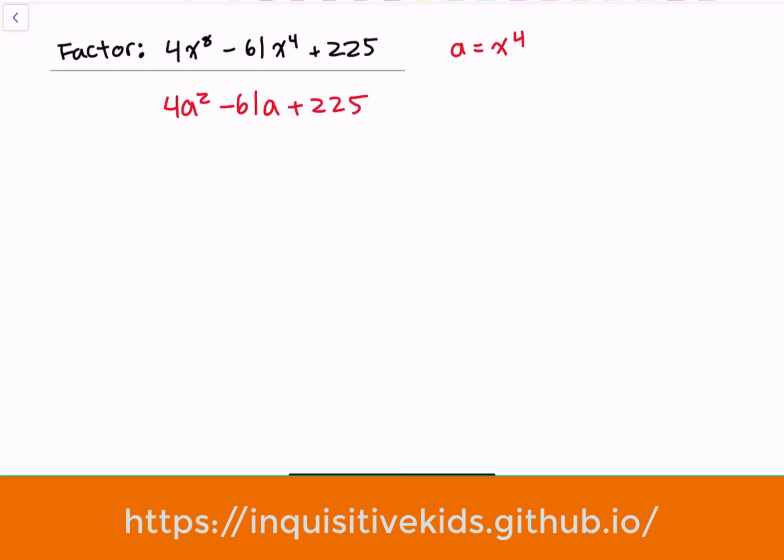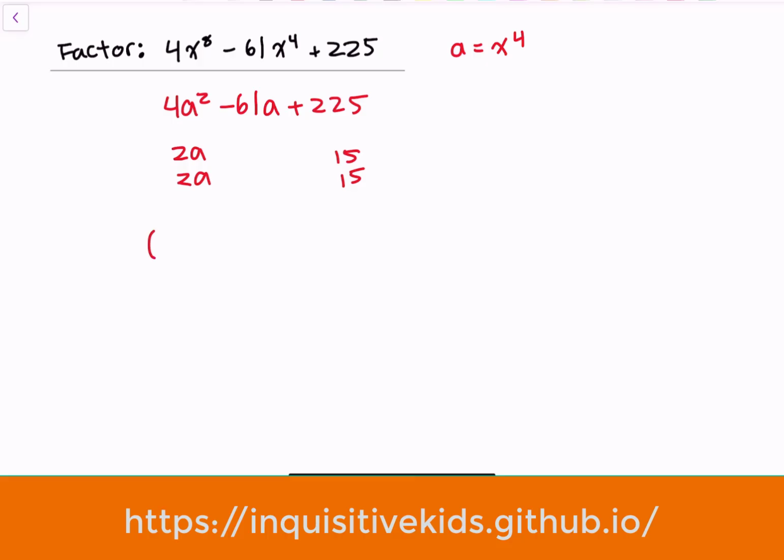Well, 61 is the very odd number here because it's prime, and 4 and 225 are both perfect squares, and 61 is not. So if we're trying to use the perfect square formula, 4a squared is equal to 2a times 2a, and 225 is equal to 15 times 15.